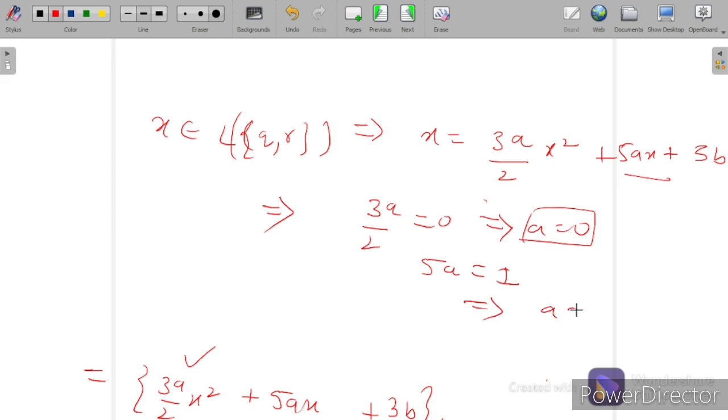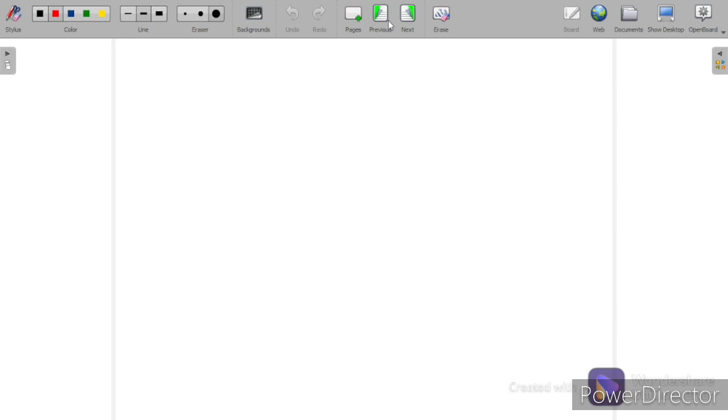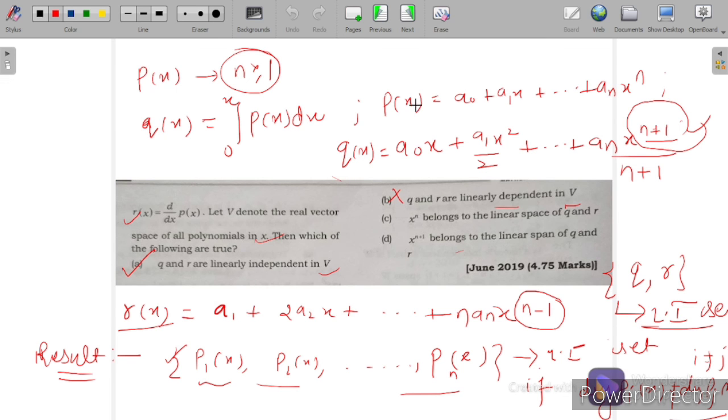This will imply that a equal to 1 by 5. But see, this is a contradiction. Here a equal to 0 and a equal to 1 by 5. So this will imply that x does not belong to linear span of q and r. So the third option will be wrong here. Similarly, you can show that the fourth option is also wrong. Okay, this is easy.